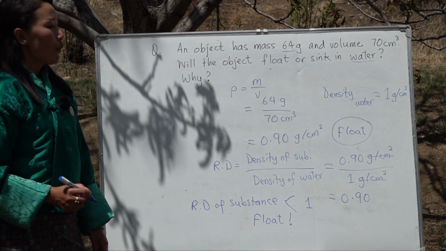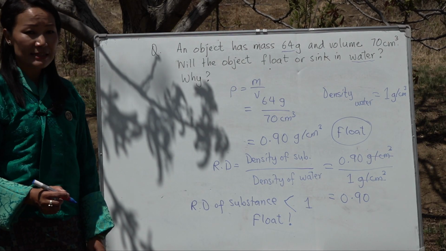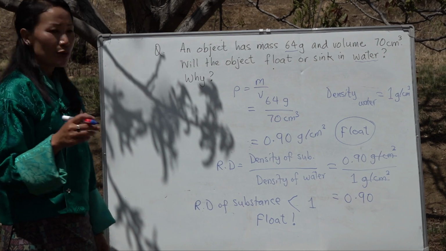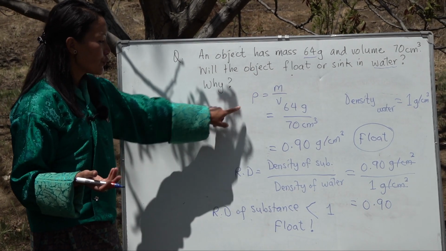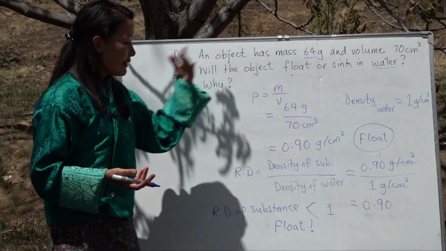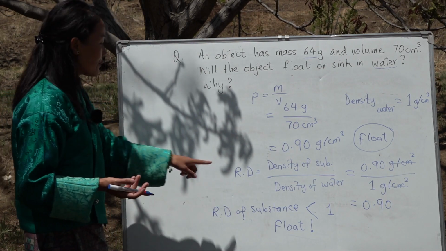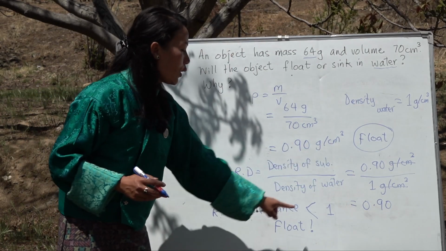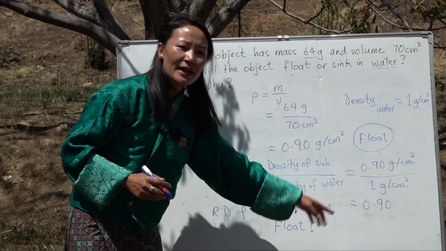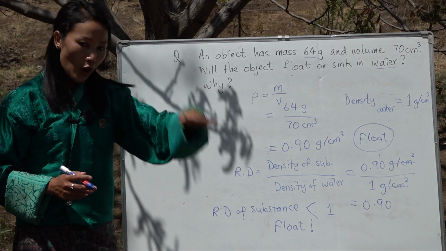So see, whether an object floats or sinks can be deduced in two ways. First, you can deduce it through density. Next, you can deduce it through relative density. And remember, if the ratio is less than 1, that object will float.